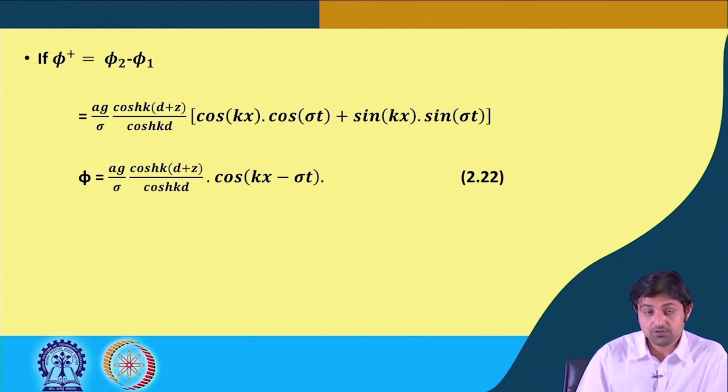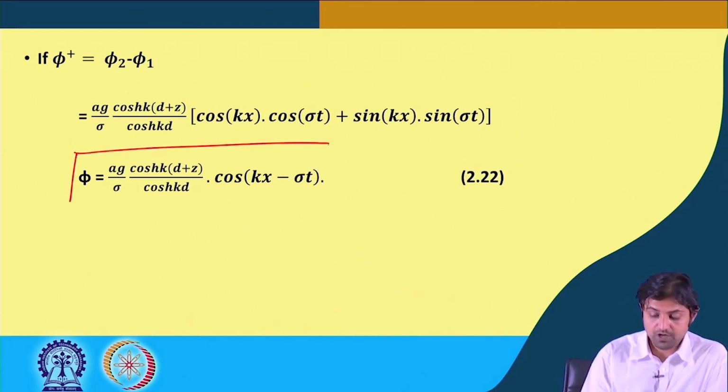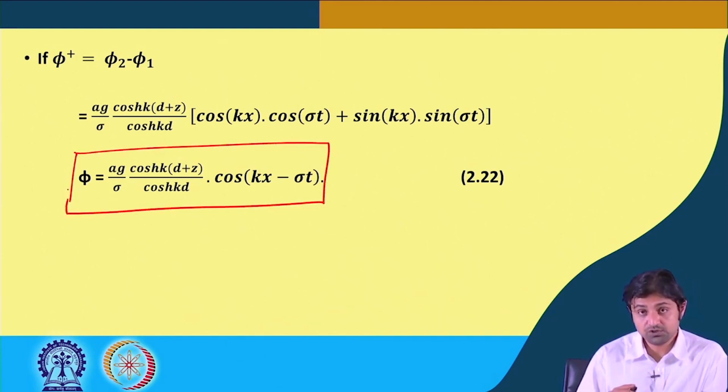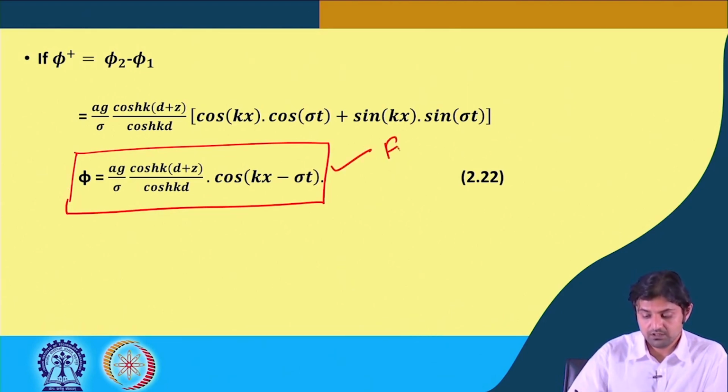So, the final velocity potential, the formula for which you are supposed to remember, is this one: A g by sigma cos h k (d plus z) divided by cos h k d into cos (kx minus sigma t). This is the final velocity potential.